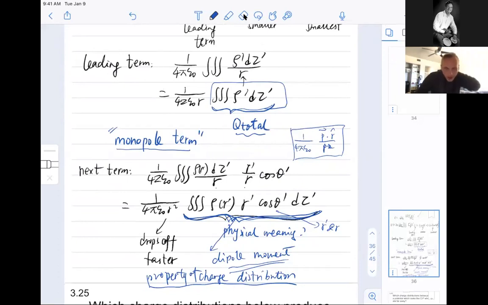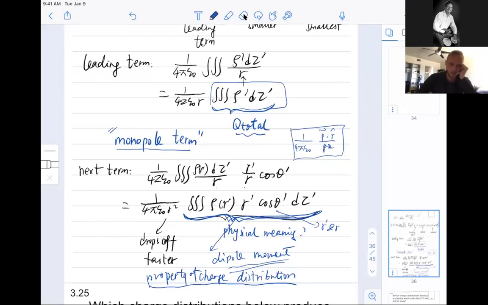Dr. Ryan, I didn't quite understand why the potential due to a dipole describes a property of charge distribution. Okay, charge distribution means where the charge is.